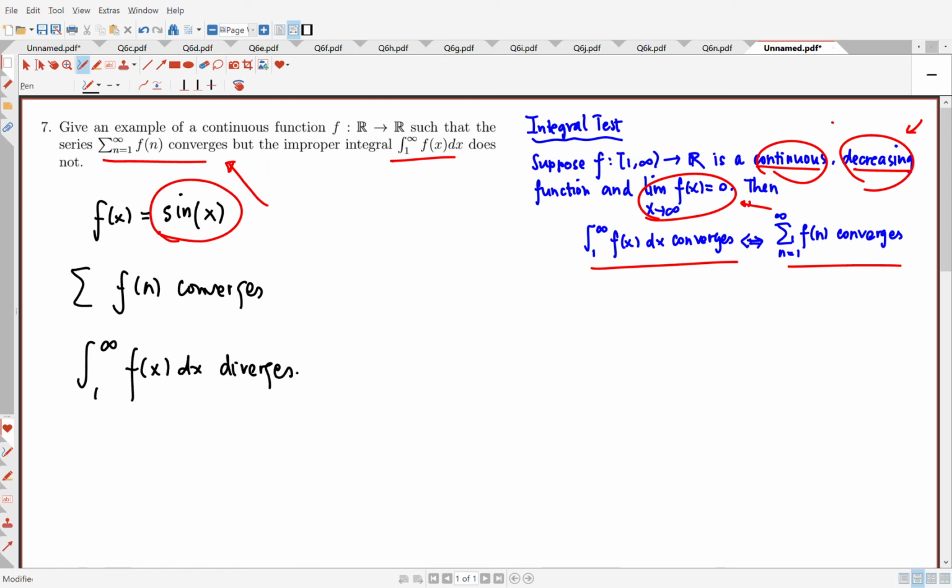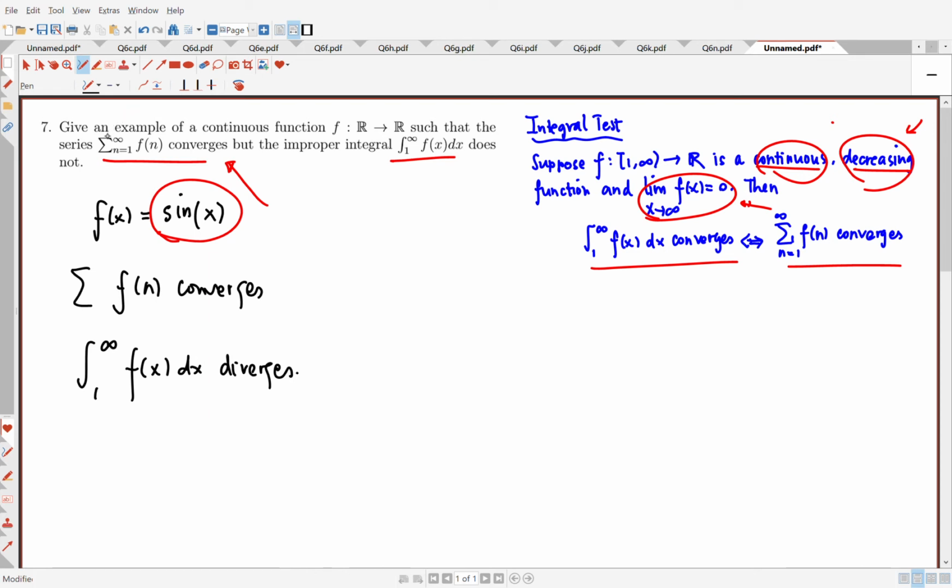So as long as it is in the form of sine of something, the integral from 1 to infinity will diverge, right? The problem now is I want to construct the sum of f(n) so that it converges.